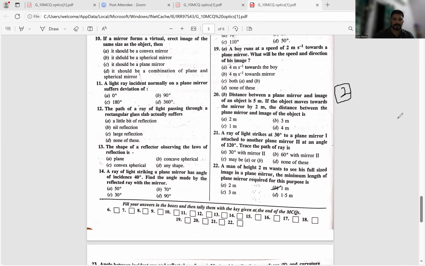For example, the height of the person is 2 meters. Sorry, wait. The height of the person is 2 meters.